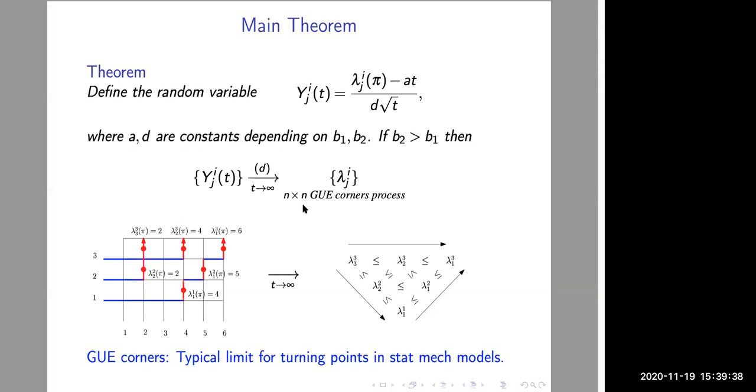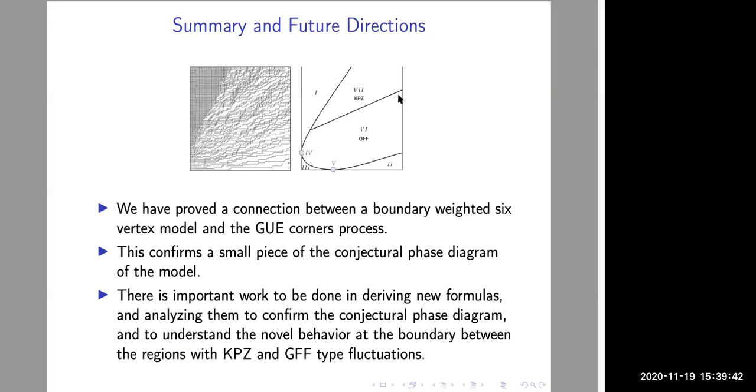So if I showed you this phase diagram and just said this is true, the GUE corners process would be the natural guess for what happens at this point 5. Also, if you commute limits in a way that is non-rigorous, this gives you a heuristic that suggests you actually expect to see GFF type fluctuations up here.